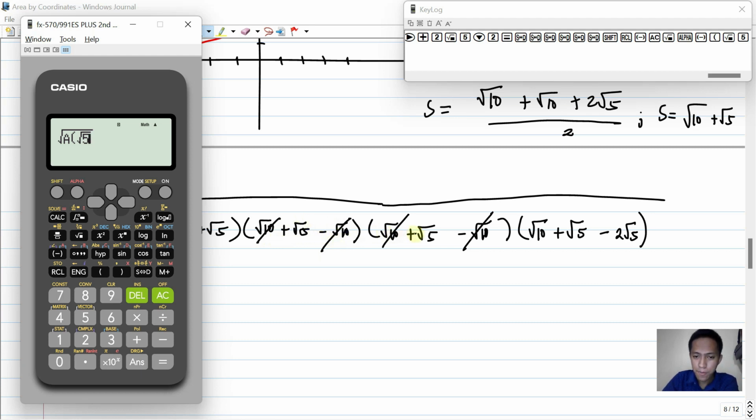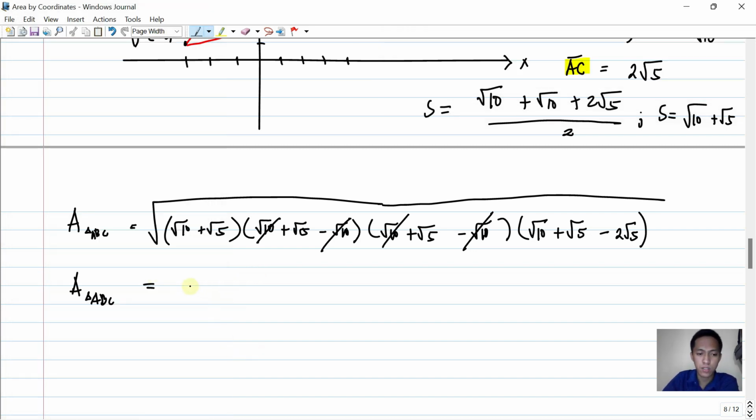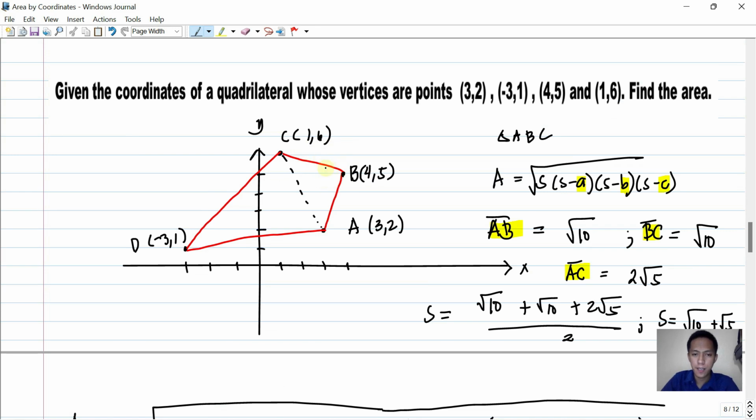So square root of 5 times square root of 5, then we have the semi-perimeter again, square root of 5 plus square root of 10, so alpha A, minus 2 square root of 5. That gives you the exact value of your area, which is 5 square units. So you have this area, 5 square units, for triangle ABC.